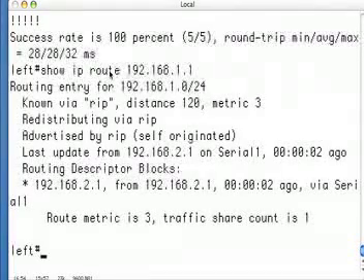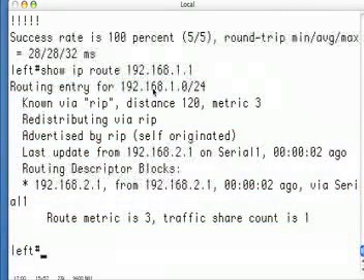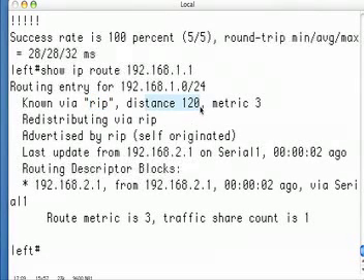You can do show IP route and hit return, but you can also do show IP route and type in an IP address, and it shows you the specific entry for that route with more information. And it shows you it learned it via RIP. Its distance is 120, which is the administrative distance of RIP. It's a metric of 3, and the last update it received was on interface serial 1, 2 seconds ago.